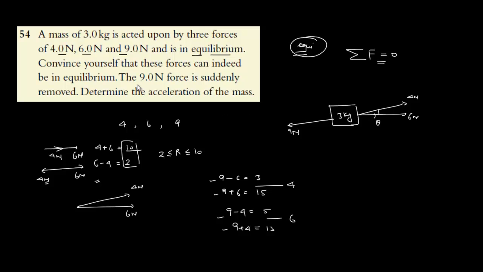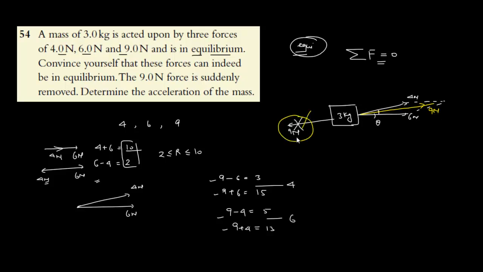Now if I remove this 9 Newton force, these two forces have a resultant of 9 Newton in this direction, and this 9 Newton was balancing this 9 Newton force.